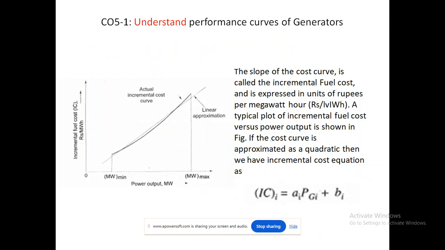Now the next is another performance curve, not written here. It is called the incremental cost curve, or you can say the incremental heat rate curve. Now I will call it the incremental cost curve.